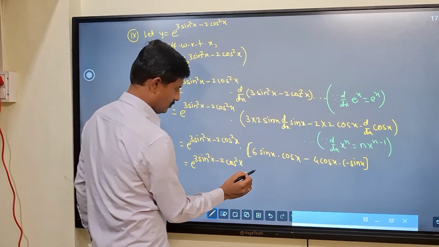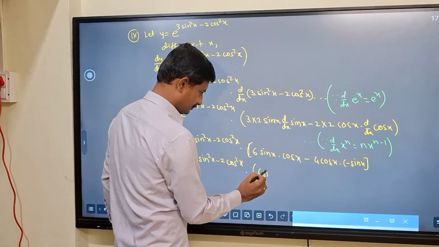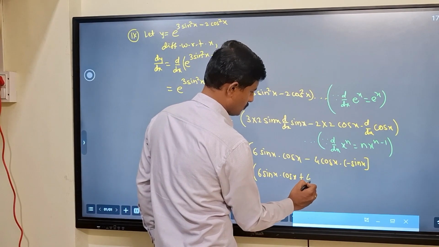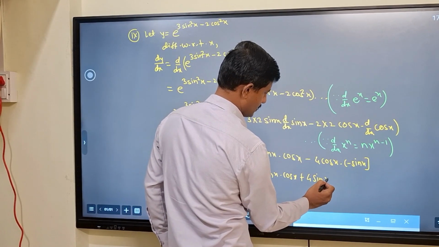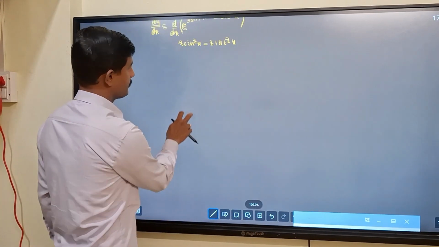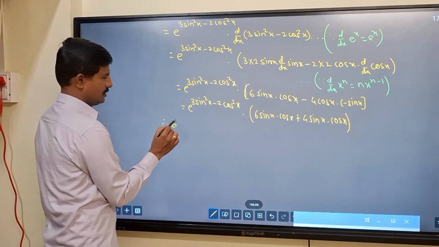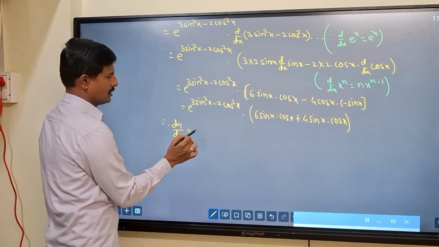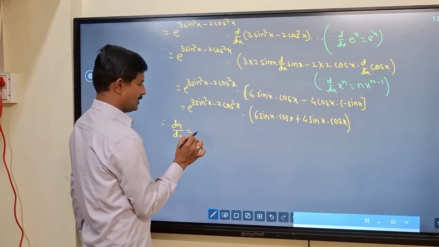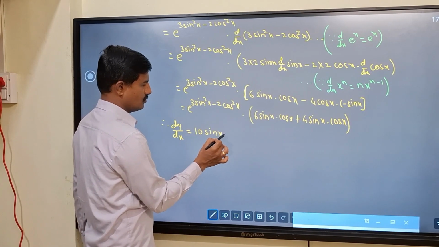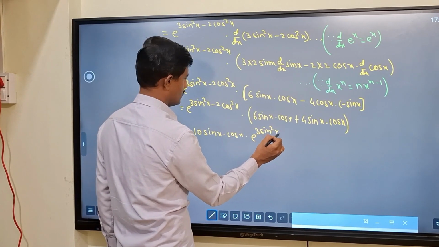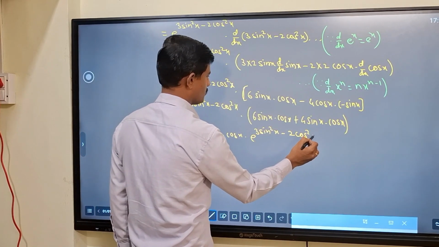2 cos square x into this becomes 6 sin x into cos x minus minus plus 4 sin x into cos x. Therefore dy by dx becomes 6 plus 4, 10. So I will write down first 10 sin x into cos x e raised to 3 sin square x minus 2 cos square x.